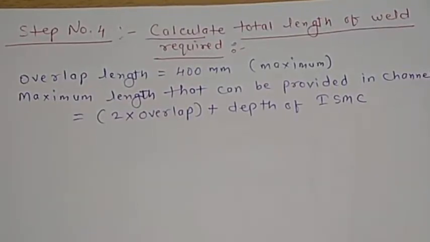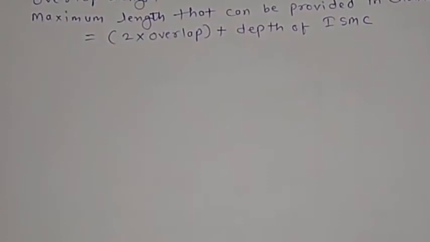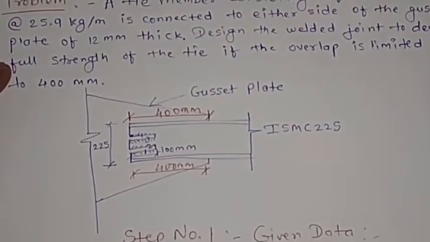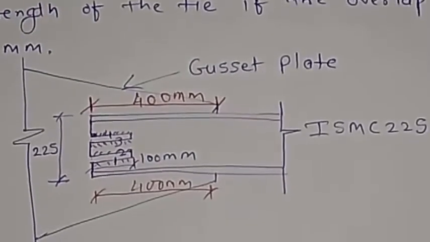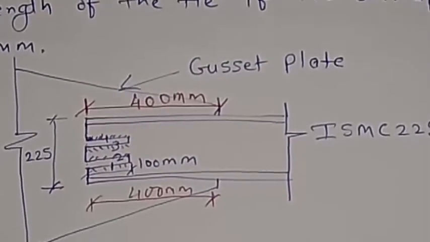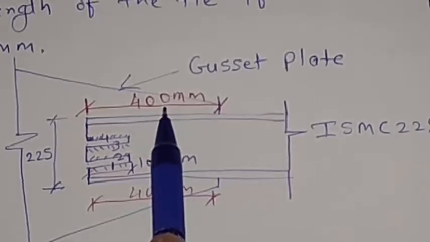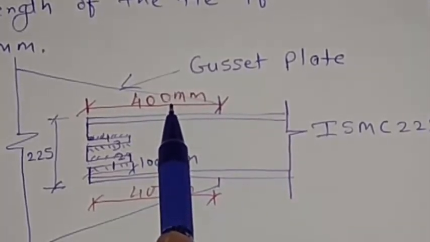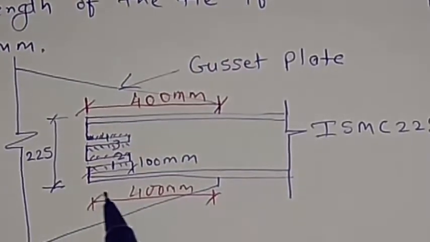Okay, we have gone through the earlier diagram. So here we will get, this is 400 mm plus 400 mm, that you got here 800 mm, and you got here depth that is equals to 225 mm.